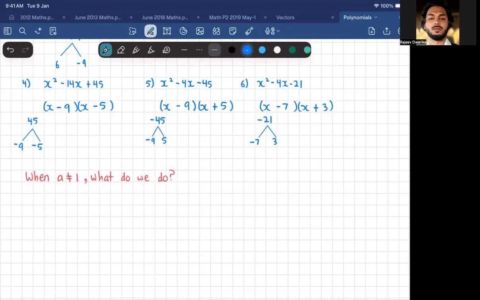Right. So, Shina, do you want to give me an example of a quadratic whose coefficient for x squared is not 1 that could be factorized? Tell me, Shina, can you think of any?